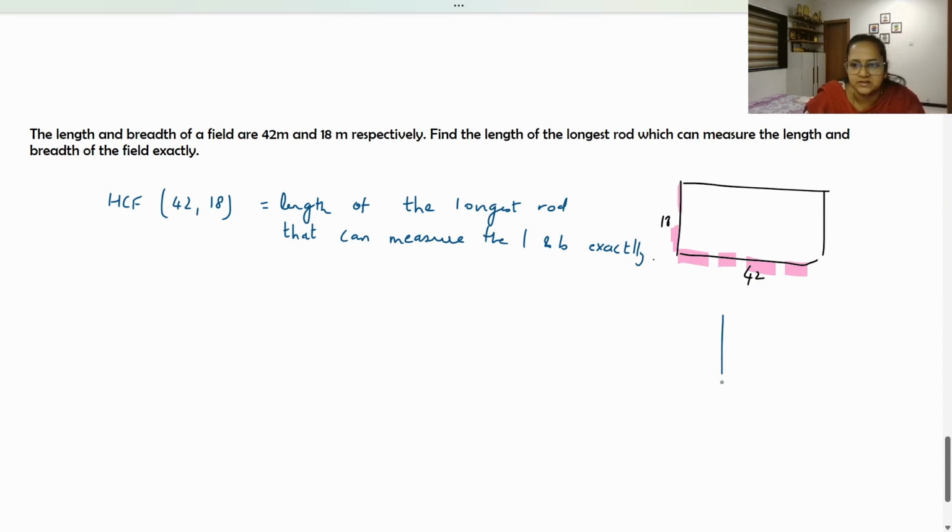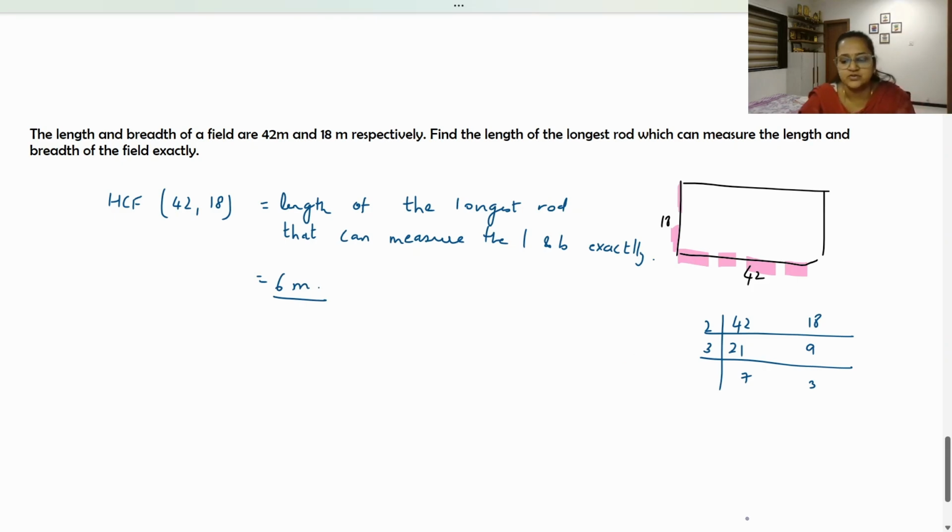Now, factorize, prime factorization or division, whatever you want to go with. 2 into 21, 2 nines are. Then we have 3 sevens and 3 threes are. Further, we do not have any common factors, so we stop here and we say HCF is 6. So the length of the longest rod is 6 meters.